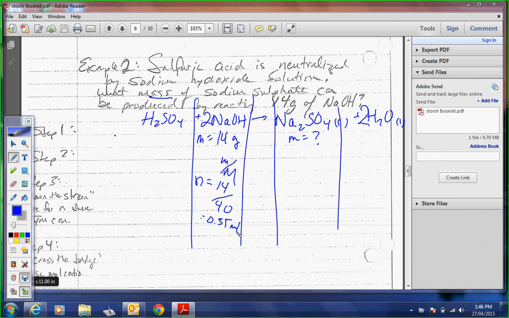And my next step is to cross the bridge to the other stream. How do I do that? It's a 2-to-1 ratio. So I'm going to take my answer and divide by 2. And so 0.35 divided by 2 is what? 0.175.